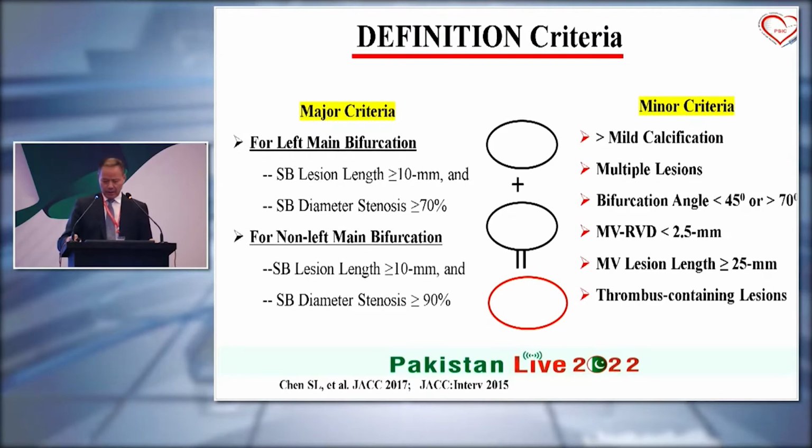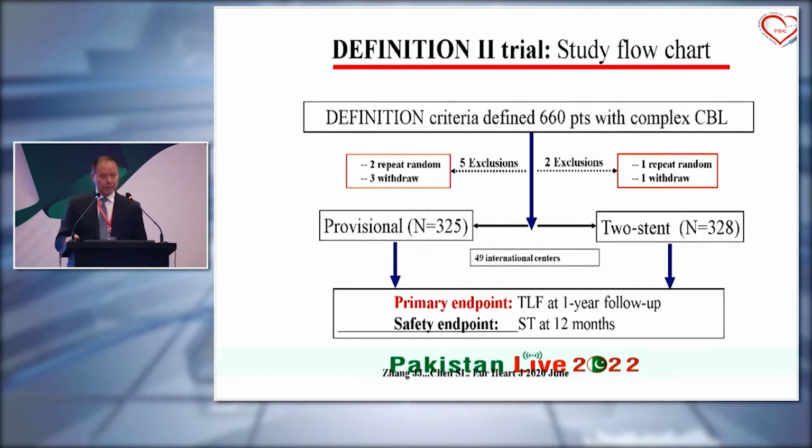But what should be kept in mind is that this is not only for distal left main bifurcation lesion, but for overall bifurcation lesions. In the subgroup analysis for distal left main true coronary bifurcation lesion, the provisional stenting technique with one stent is superior to provisional with two stents or any other kind of upfront two-stent technique.